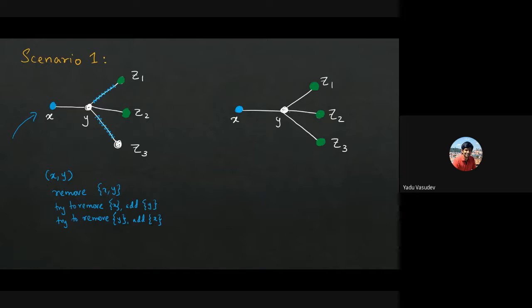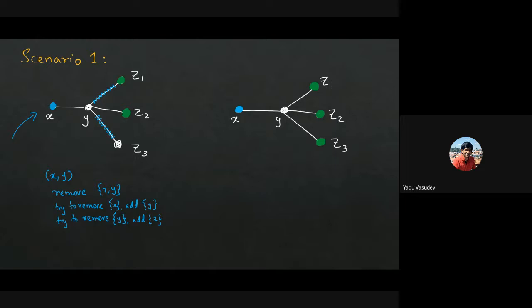What about yz3? Can yz3 increase? How can it increase? Adding z3 will not increase, right? If you add z3, you are adding it to both, because both the chains are moving identically. Adding z3 will not increase the symmetric difference.